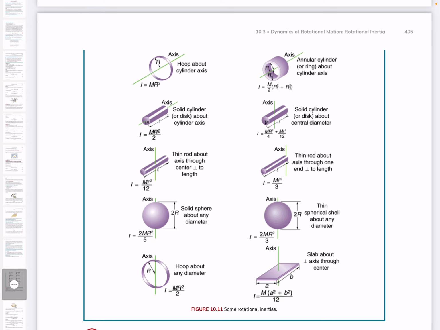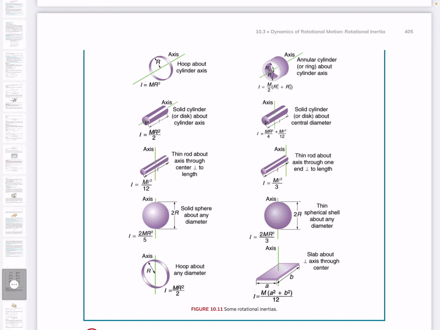It's a solid cylinder or a disc, right? Because it could be a thin disc. This little L, the length of the disc, could be small. And it's a cylinder rotating on its axis. That is 1/2 mr squared. Okay, so a solid cylinder or disc, 1/2 mr squared.